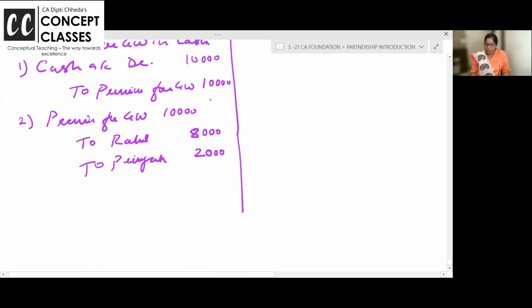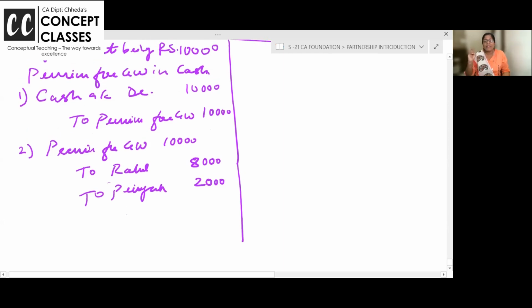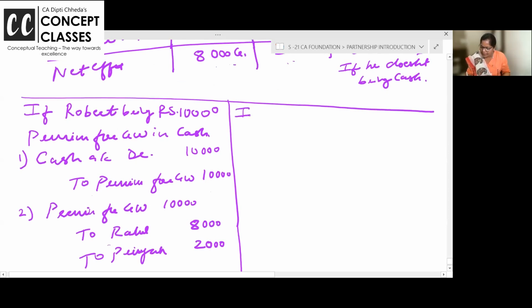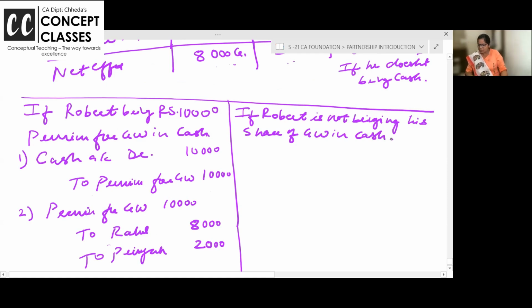Cash account debit to premium for goodwill, premium to Rahul and Priyanka. Now tell me, did I debit Robert's account or not? Answer is no. Second, if Robert is not bringing his share of goodwill in cash, are you all writing with me?